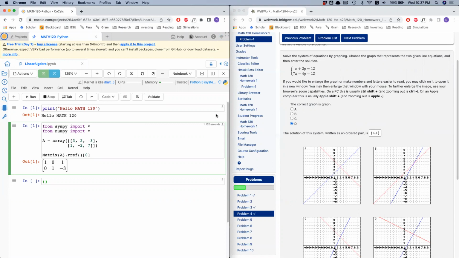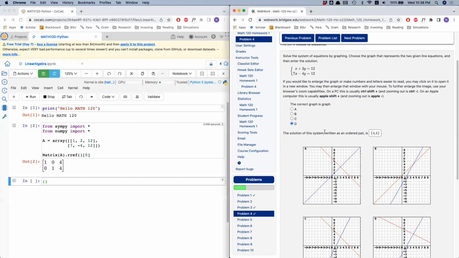So I'm going to modify the code. I have 1, 2, 12 and 7, -4, 12, and then let the system run, and you can see that x is equal to 4 and y is also equal to 4. Therefore the solution of the system written as an ordered pair is (4, 4).